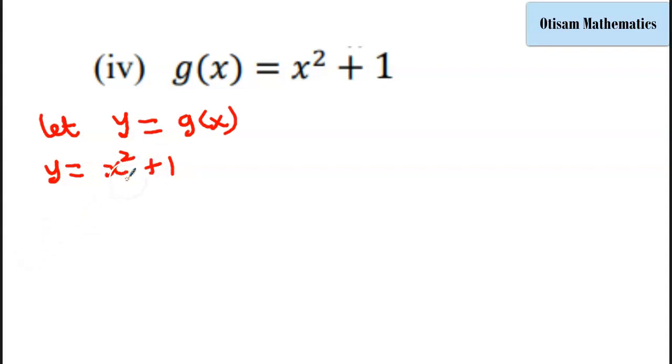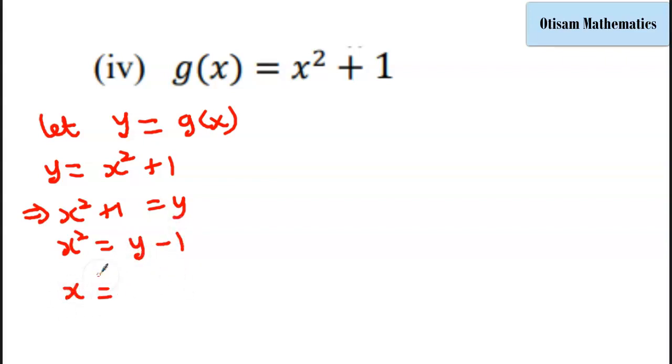We want to make x the subject, which implies that x squared plus 1 is equal to y. So x squared will be, sending 1 to the other side, y minus 1. So x will be, taking the square root on both sides, the square root of y minus 1.